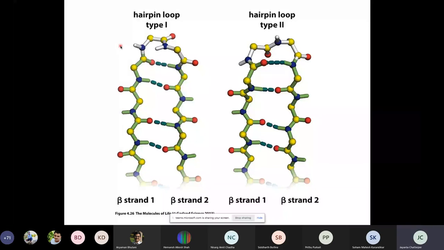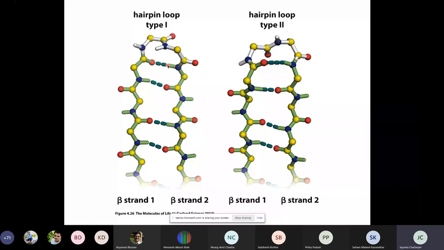For example, in here, what you can see is a type 1 prime beta turn. In a type 1 prime beta turn, you have the hydrogen bond, and if you count the number of atoms involved in the turn, you will see the following: 1, 2, 3, 4, 5, 6, 7, 8, 9, 10.